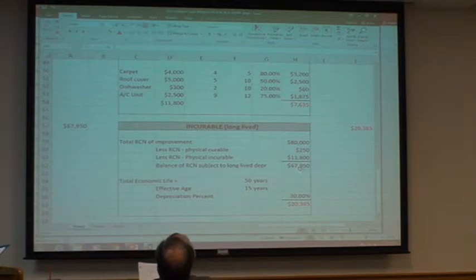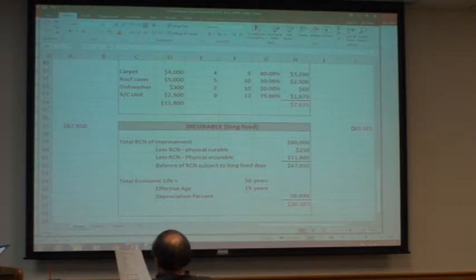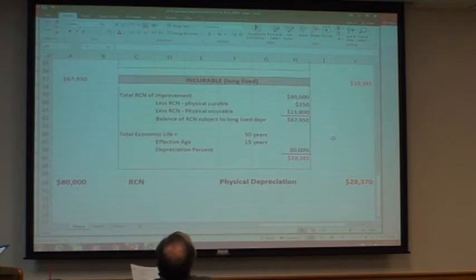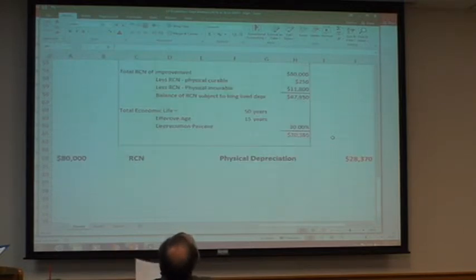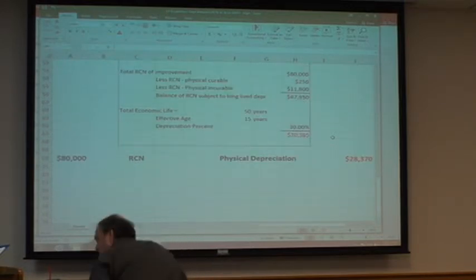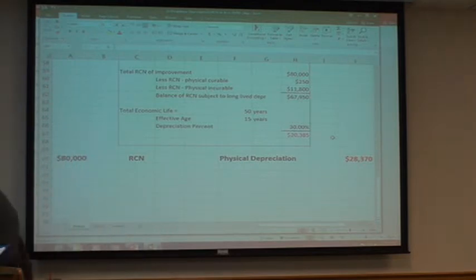We got 67,950, effective age of 15, net life of 50, 100% depreciation gives us 20,385. And our total depreciation is 28,370, is that right? Yeah, it is, okay, cool. 28,370. Everybody get that? Or somewhat close?